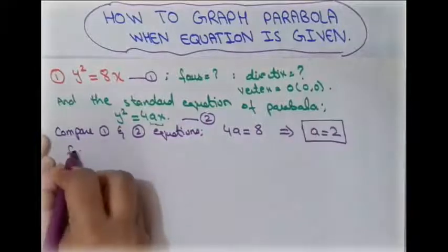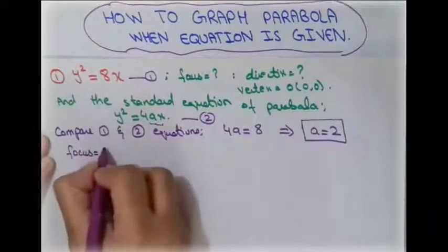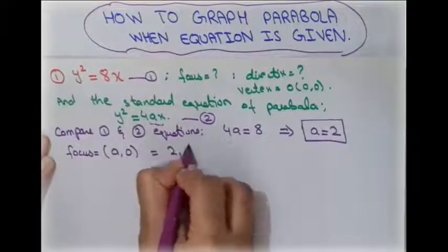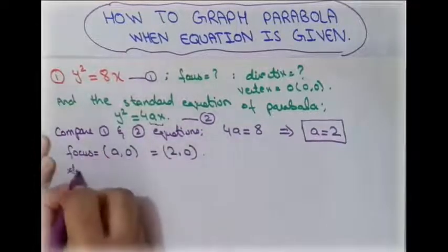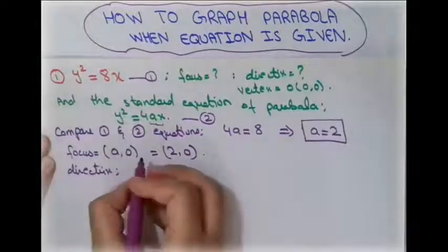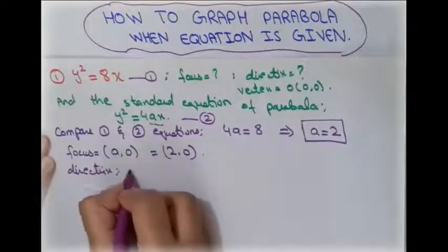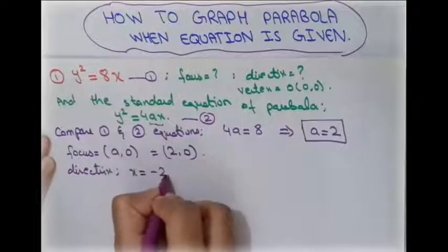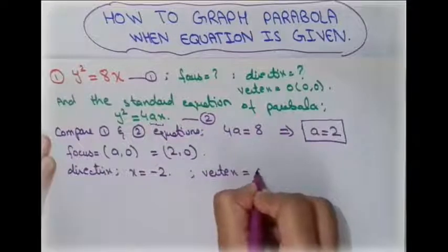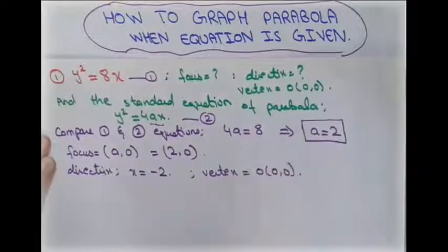And the focus, as we already discussed, is (a, 0), so the focus is (2, 0). The directrix will be x = −2, and the vertex that we already found is the origin (0, 0), and the axis is y = 0.